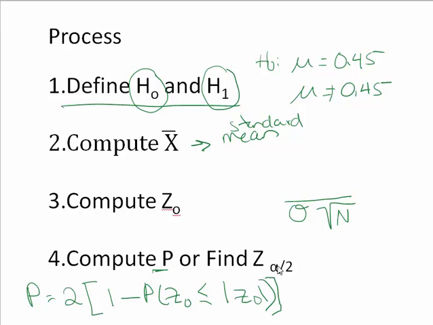So to compute the z alpha over 2 value, we essentially need to compute what alpha over 2 is, and then compare our computed z-naught, which we computed up here, with our z-value for alpha over 2 to see if the z-naught falls in this critical region, and if it does, then we reject the null. So let's go and do that.